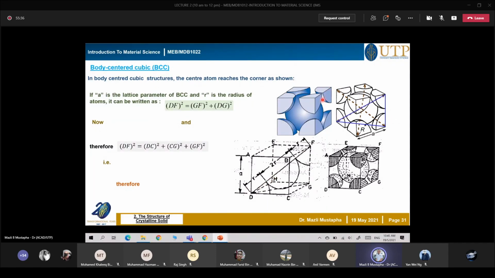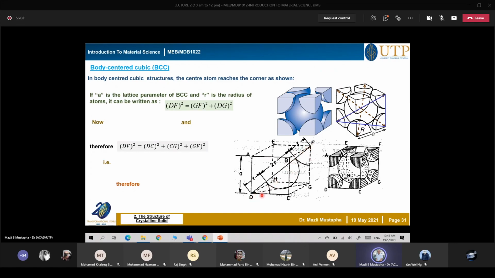For this one, actually all the atoms touch each other. For the diagonal side, it means that all the atoms are interconnected. There is no gap. That's why in order for us to find this relation, it is advisable, and a common practice, to use the diagonal length.